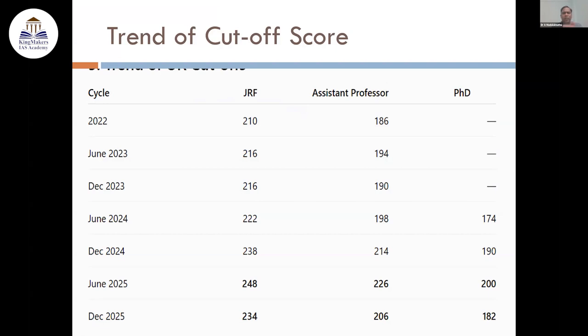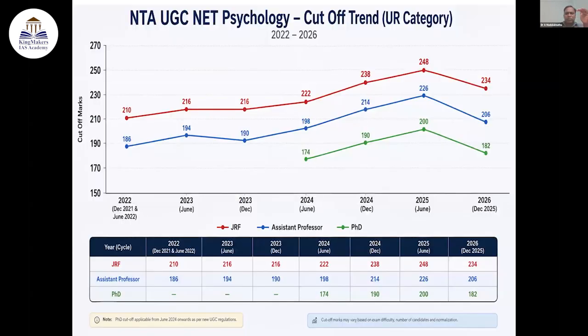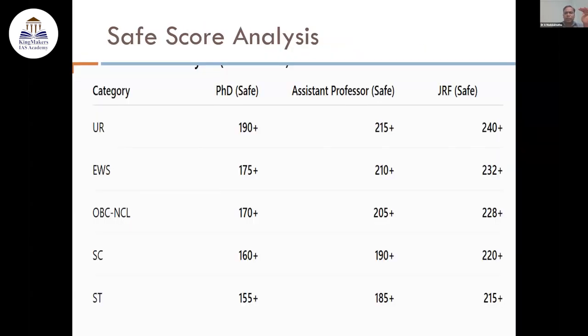If you are able to get 80 percent, then you should be able to clear this. So what is the safe score down the line? Maybe next year, if you are getting somewhere around 240 out of 300, that's the safe score for you to ensure getting in.